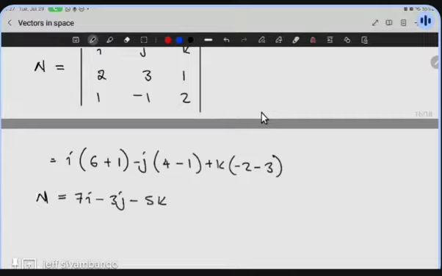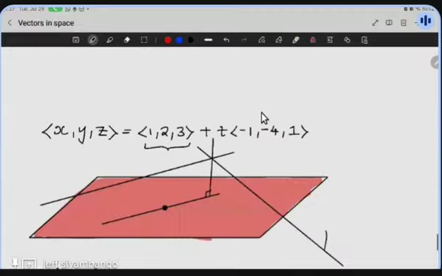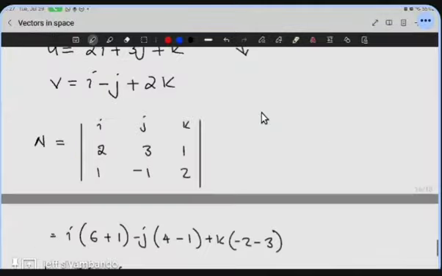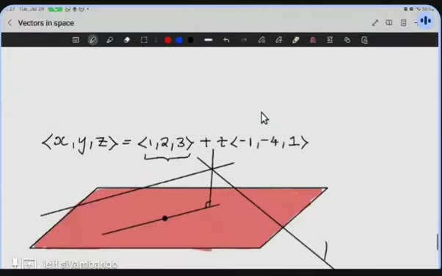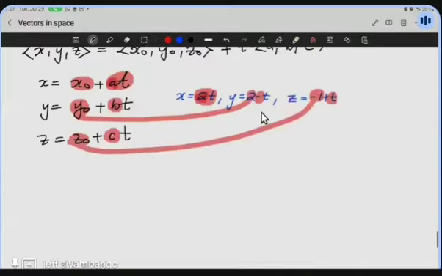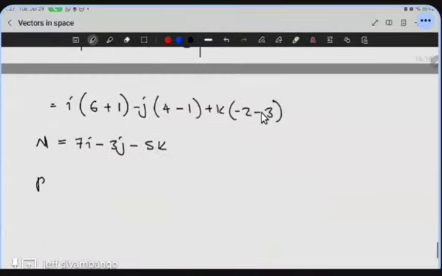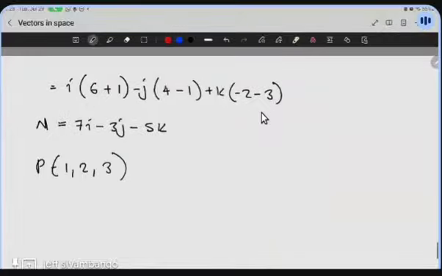So that becomes our normal. So we now have the two ingredients. The point is 1, 2, 3. Yes, that is 1, 2, 3. So we can now get our plane.